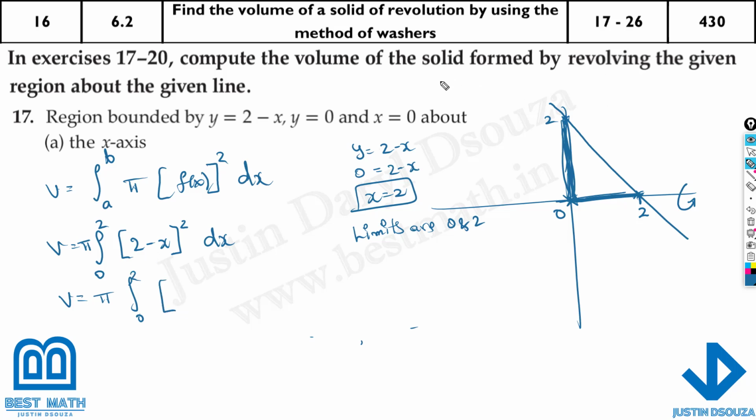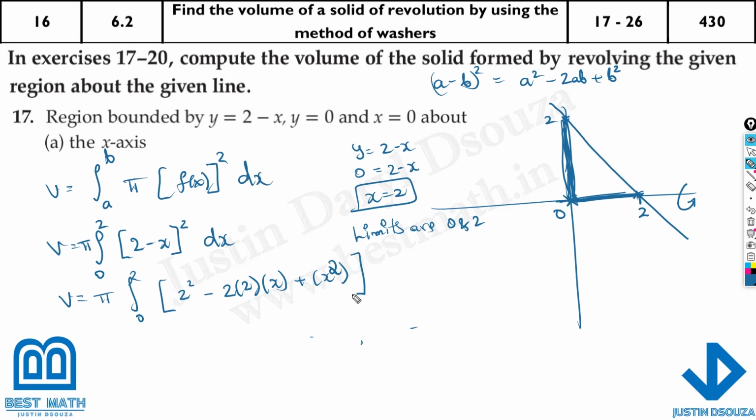What is that resembling? A minus b the whole square. Do you remember this? It is a squared minus 2 times ab plus b squared. So in such cases, you need to expand using the a minus b itself. Now this is 2 squared minus 2 times x, because 2 times a is 2, b is x, plus x squared.